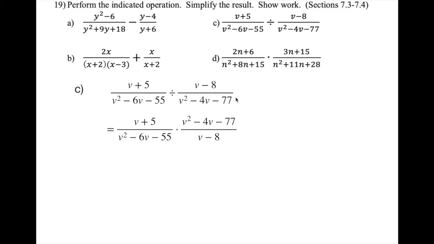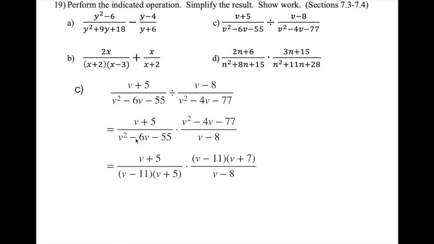So the numerator and denominator will just change. By doing that, we change the division into multiplication. And then what we want to do is factorize each term if possible. Okay, so v minus 5, there's nothing much we could do. So we could just copy it here.